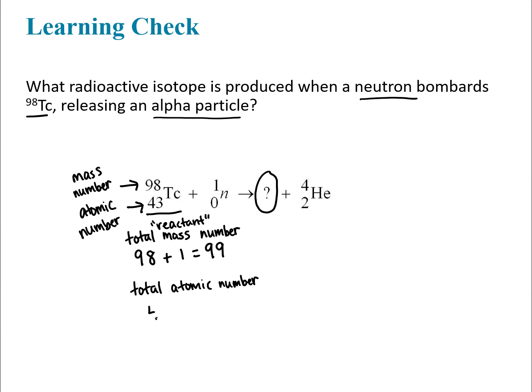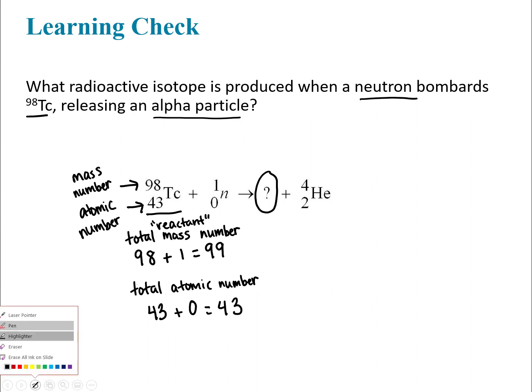We've got 43, and the neutron doesn't have anything, but I want to show you and remind you that you're summing all of the atomic numbers on that left-hand side. And I'm a color coding person, so I like to see where things come from.